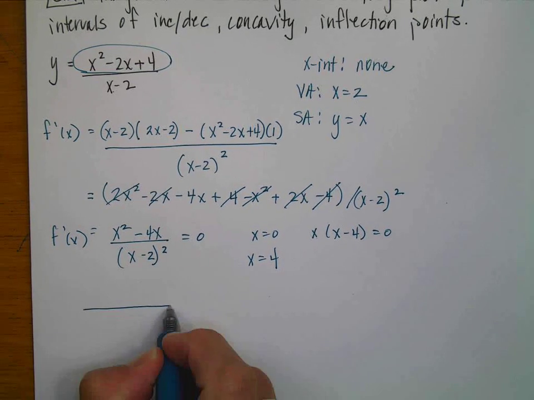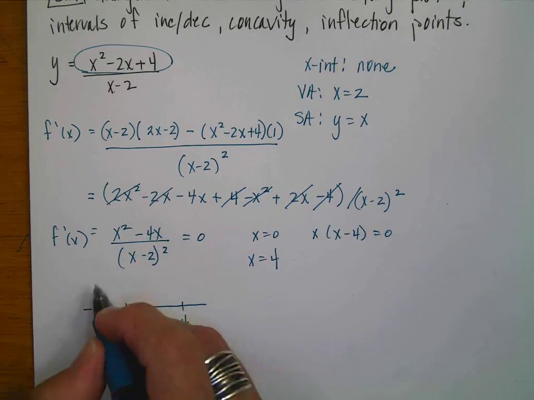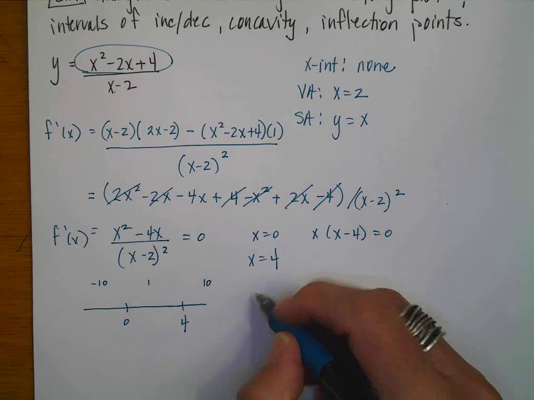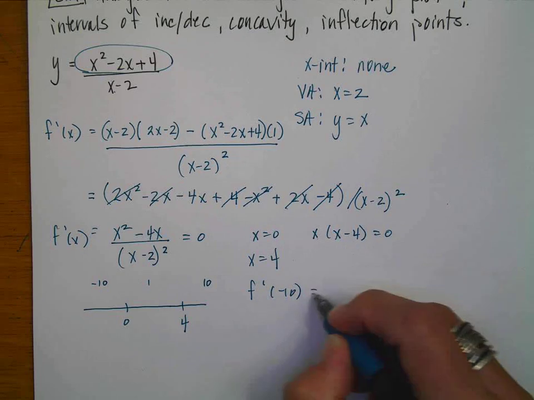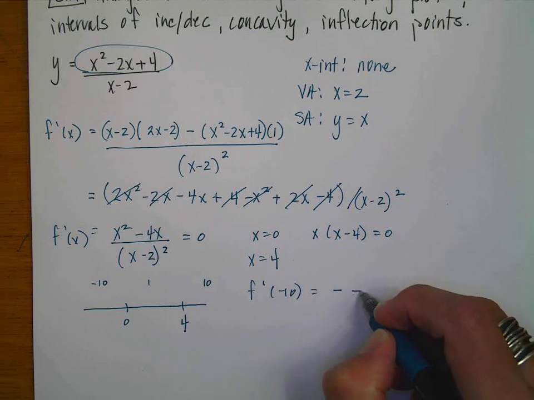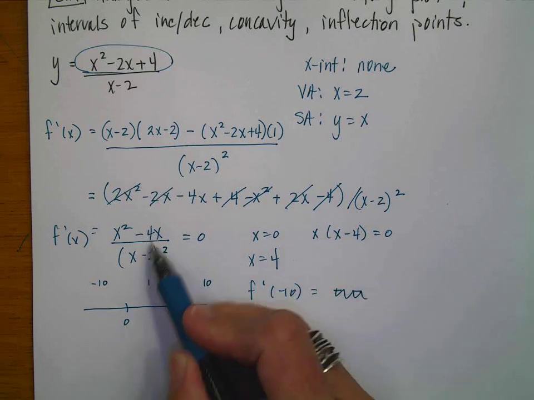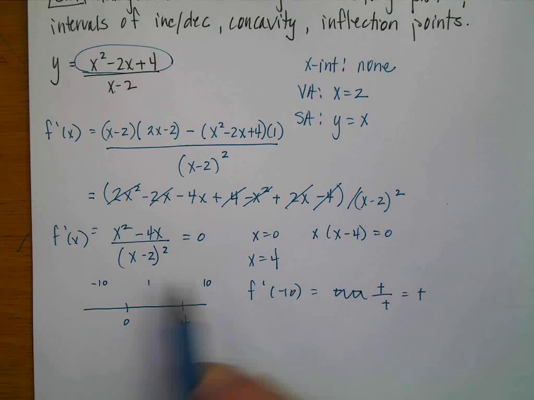Now I'm going to do my sign chart. Here's my 0 and a 4, and I'm going to choose -10, 1, and 10. I evaluate the derivative at -10, and I get a negative and a negative. Oops, I'm sorry, I have to do it in both places, and I get a positive divided by a positive, which is positive.